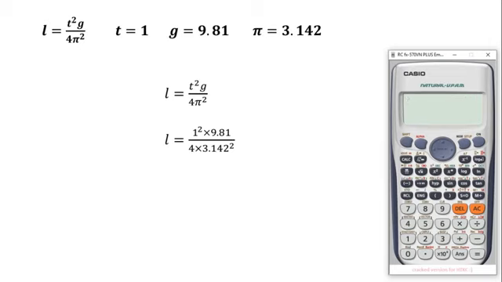So if you take your calculator, you are going to have 1 squared times 9.81 divided by 4 times 3.142 squared. Okay, so it's equal to 0.24845.